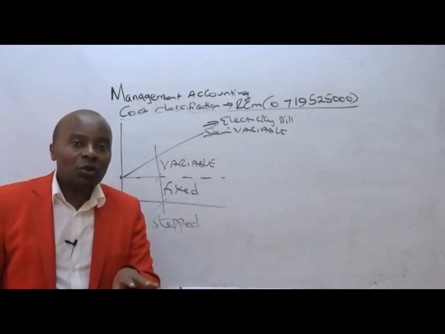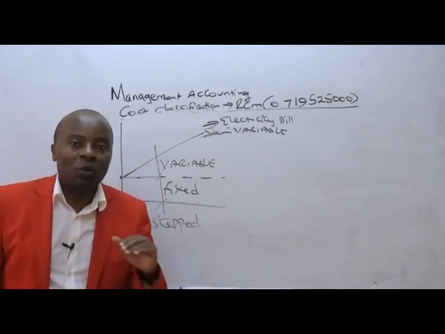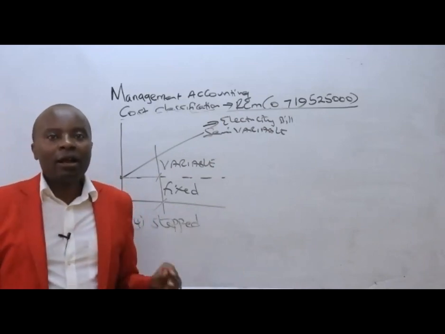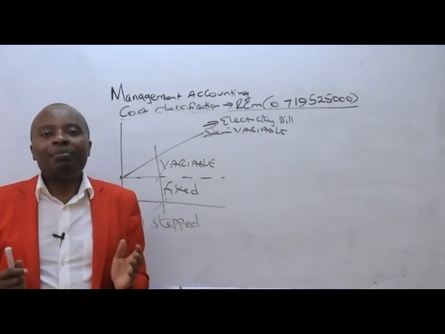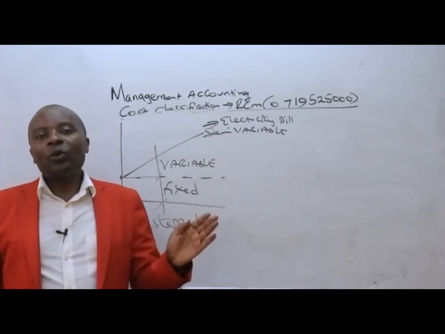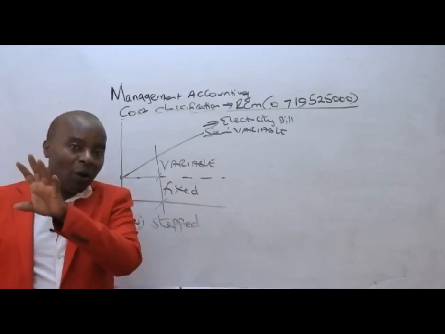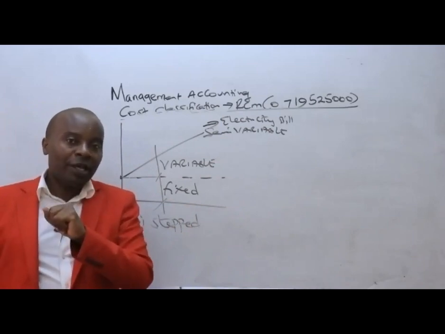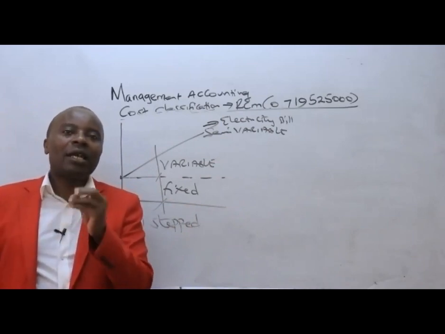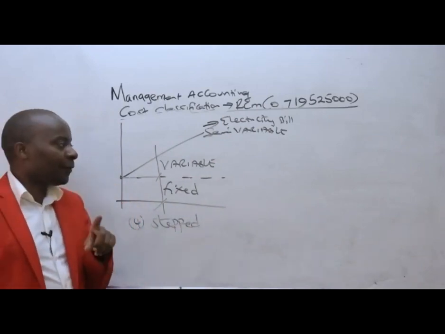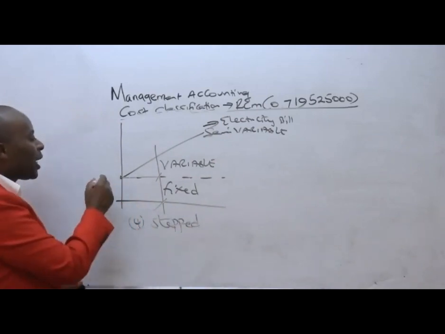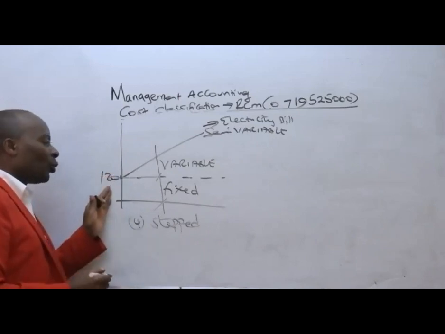Even if you close your house and go to Dubai for a holiday and stay there for a whole year, when you come back, you will never get your electricity bill being zero. You will get that 120 times the number of months that you were away, waiting for you. It's like a meter rent. Very important for us to appreciate that. That electricity cost can never start from zero; it starts from about 120.